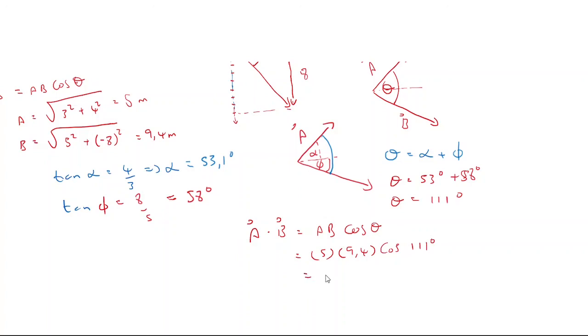And then you do this, and it should be negative because cos is going to be negative when the angle is greater than 90 and less than 120. So I get a negative number, so that's good. It's negative 6.8. Now it's going to be meter squared because this is meter multiplied by meter.